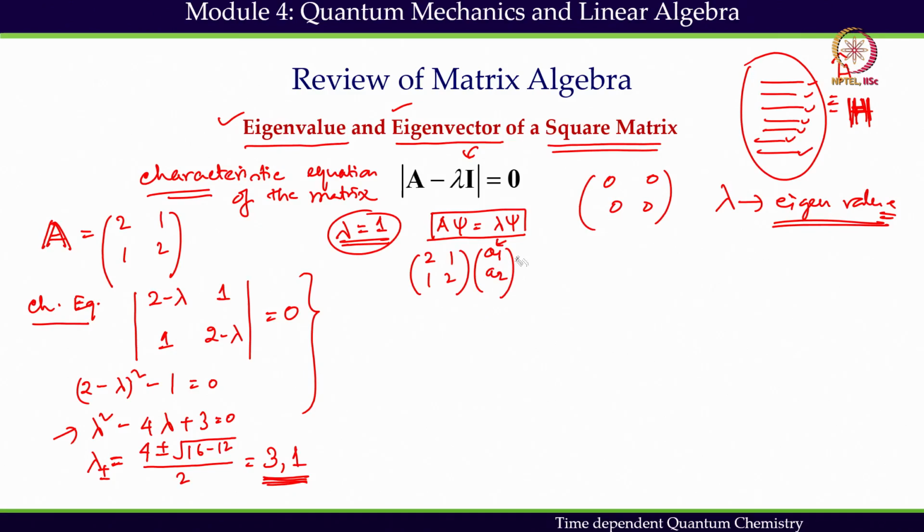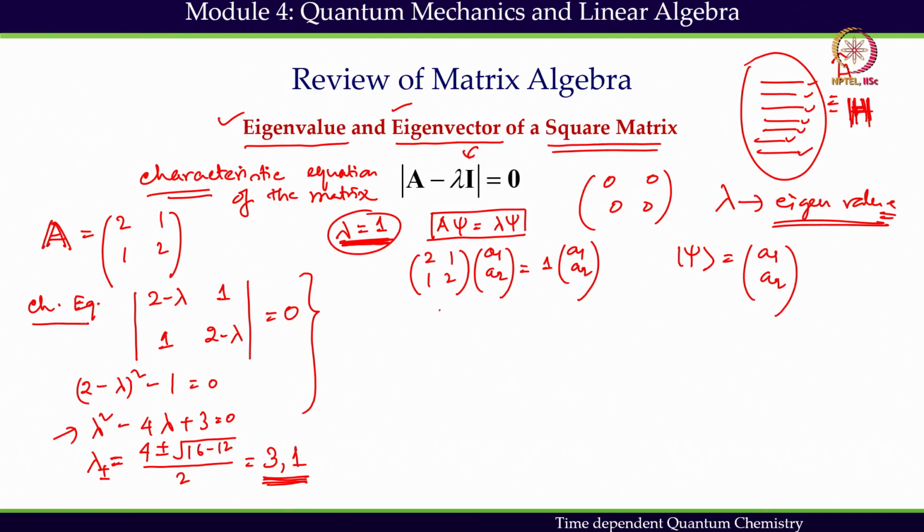So these coefficients are with respect to a certain basis. Let us say the coefficients are A1 and A2, so for lambda equals 1, the wave function associated with this eigenvalue is represented as a column matrix A1, A2.